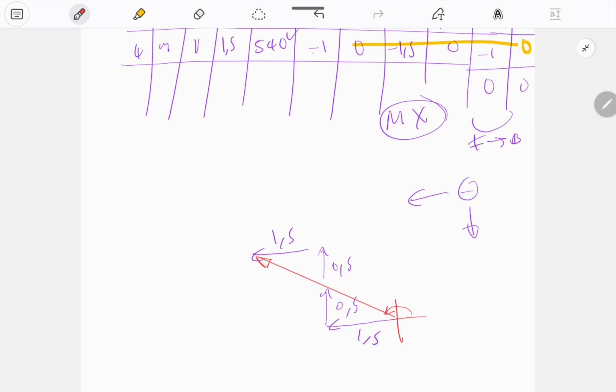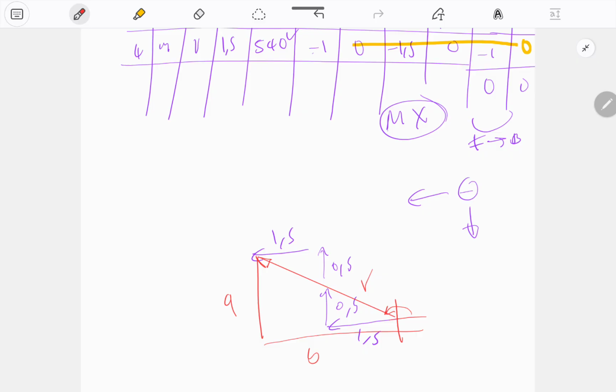How do you find this angle? You can actually use math. You'll have a and b, you're trying to find r. You can use Pythagoras, and from then you can find the angle. I normally use the complex method on your calculator, which is way easier.